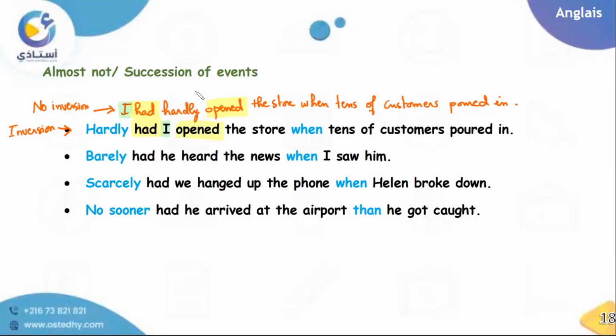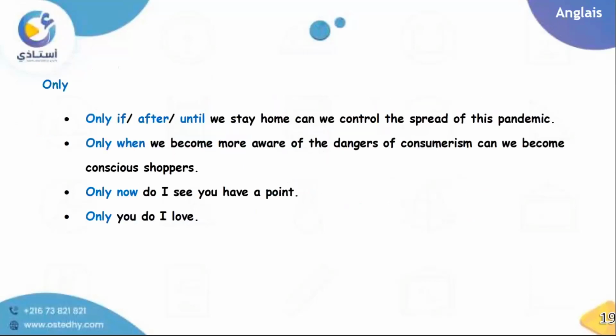To make the inversion, we start with these words: hardly, barely, scarcely, no sooner, not a sound, etc. Okay. And this is how inversion happens with these words that mean almost not, or that have the meaning of succession of events.